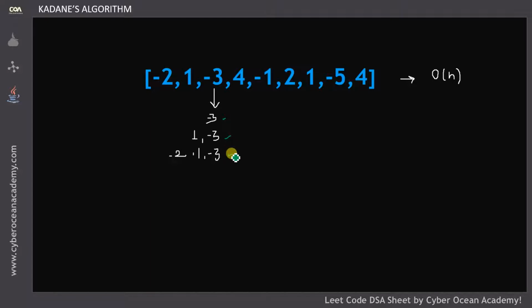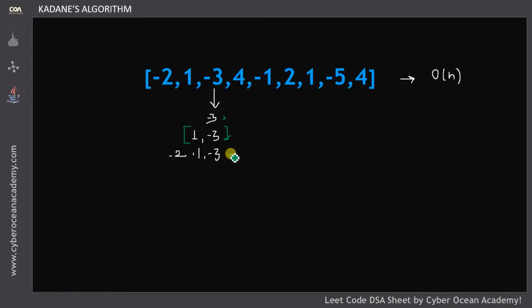These are the subarrays, and we have to know which subarray's sum is maximum, and we call that sum the local maximum. Here you can easily see that 1, -3 is the local maximum subarray. So for this index we already calculated 1, -3, and we avoid the other subarrays.